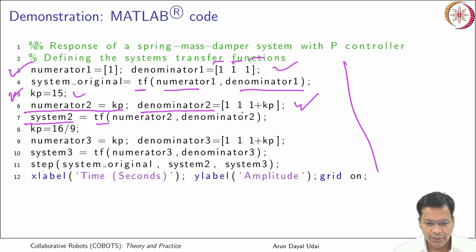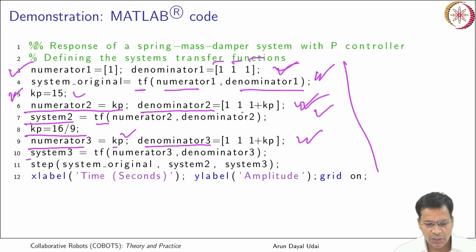Okay, so this is your natural system that will be plotted. This is the system with the controller. Numerator 3 and denominator 3 will use the new kp value that is here, and this is the third system. This is with no controller. This is with kp equal to 15. This is with kp equal to 16 by 9.